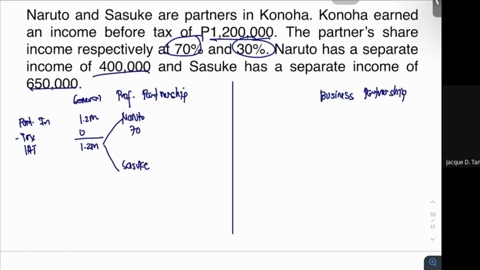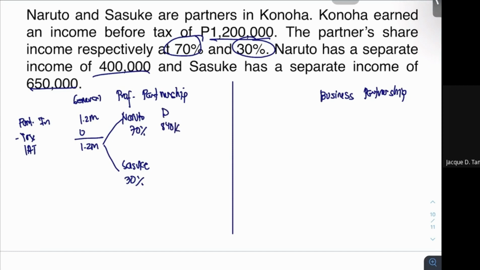So for Naruto, 70%. For Sasuke, 30%. The 70% of 1.2 million is equal to 840,000.